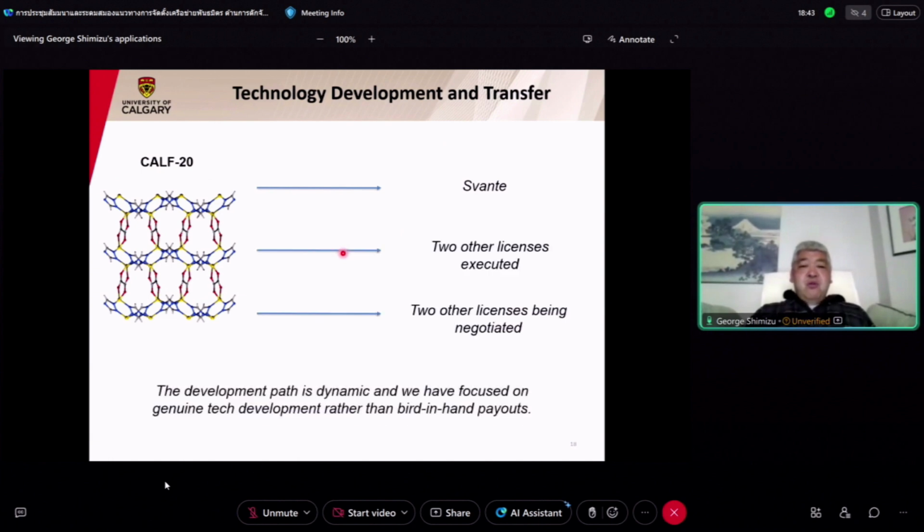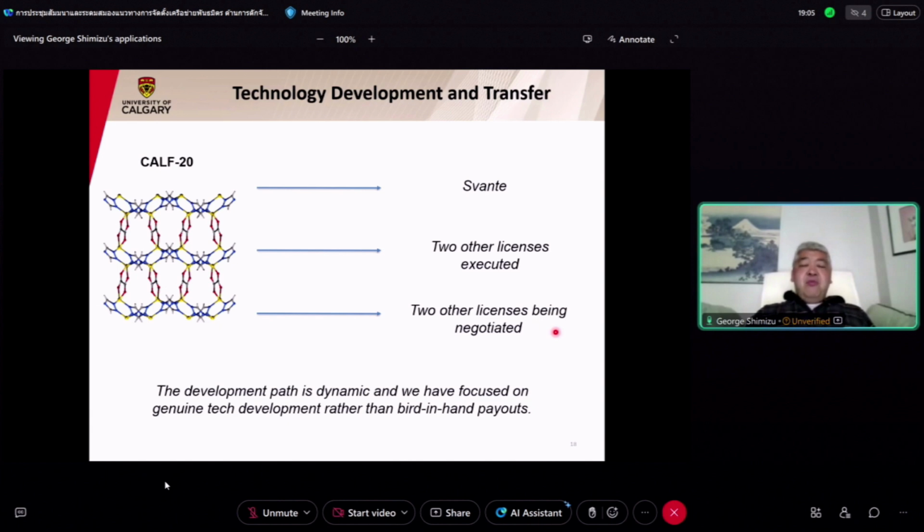And so right now we actually have 2 other licenses executed for this. One of them is actually not related to carbon dioxide, and we're negotiating two other licenses. And one of those is a student-run startup that I'll talk about in a second.